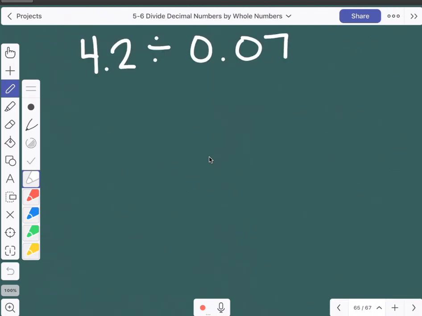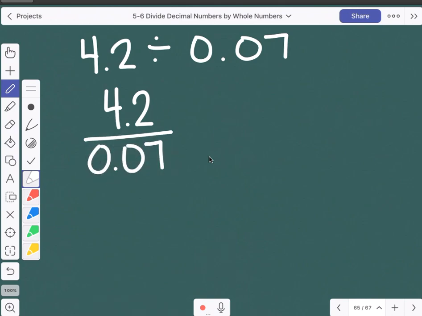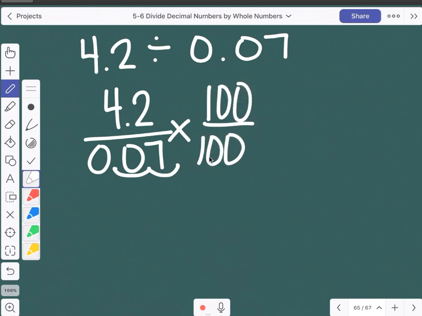Let's do practice. I want to do this one as a fraction. Putting the dividend on top. Divisor on the bottom. I have to multiply by a version of 1. How many places do I need to move this decimal? 1, 2. That tells me that fraction is going to have 100s, 2 place values.